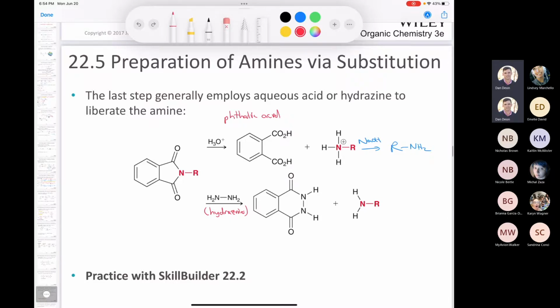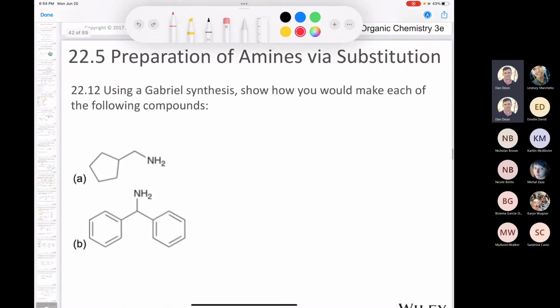So the next question that I want to look at deals with Gabriel synthesis. How would you use Gabriel synthesis to make each of these compounds? So remember, the nitrogen in the amine is the part that's going to come from the phthalamide. So if we draw the whole gaudy structure, the phthalamide, and I'm just going to draw the phthalamide ion, so the potassium phthalamide.